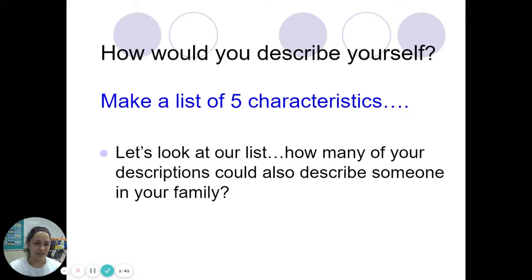So if I were to make a list of 5 characteristics about myself, I would say I'm patient. I have brown hair, I have brown eyes, I have curly hair, and what could be the 5th one?